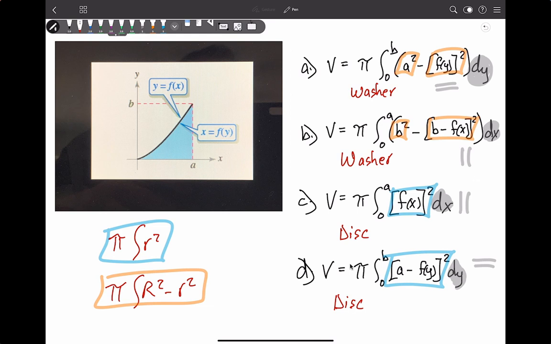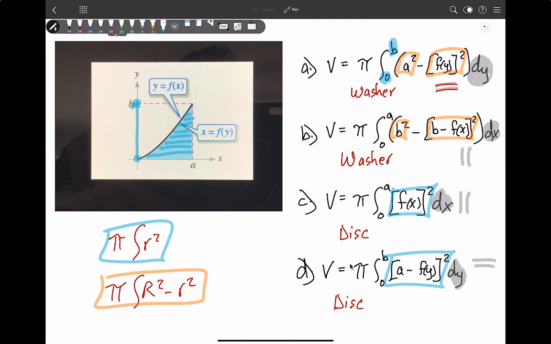A is saying a washer method with horizontal slices is from 0 to B. Okay, so if I'm looking at from 0 to B, let me highlight that in, let's say, blue. From 0 to B, I'm talking about from this 0 all the way up to B. Okay, and I'm going to be looking at horizontal slices because these are dy.